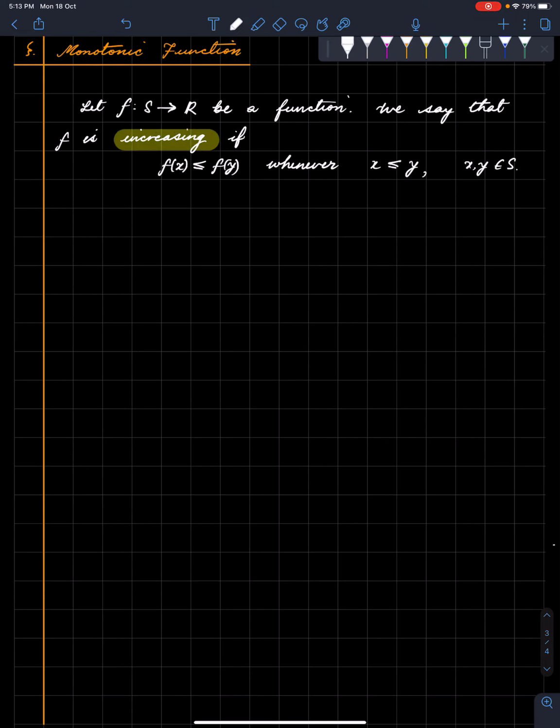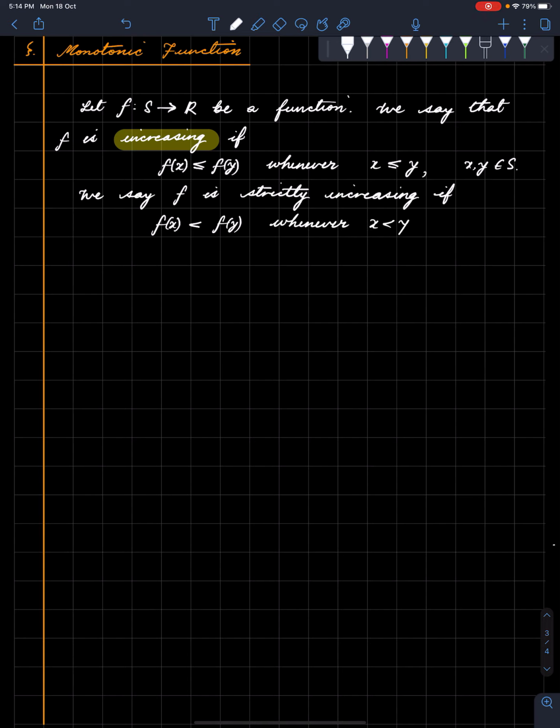Now we define strictly increasing. We say f is strictly increasing if f(x) is less than f(y) whenever x is less than y.